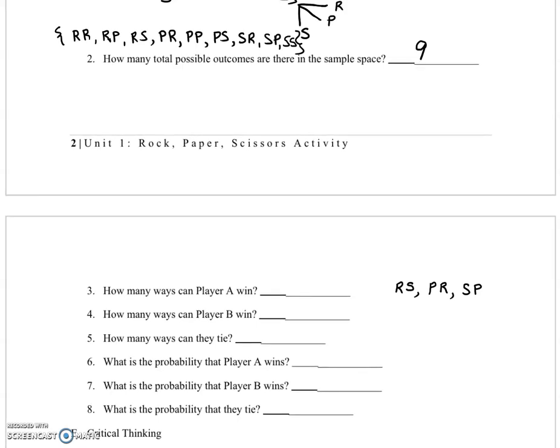So out of those 9 ways of the total possible outcomes, player A can win 3 out of 9 times, which is approximately 0.333 if we round to 3 decimal places.